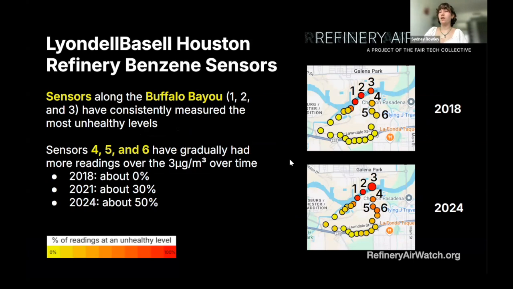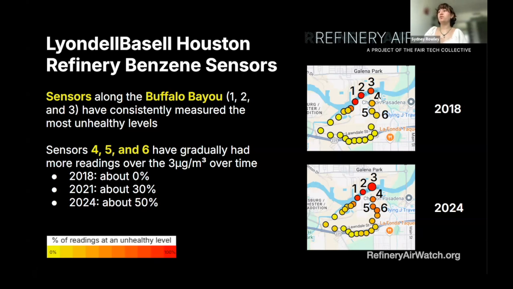But just looking at this sensor map, you can see consistently sensors 1, 2, and 3 along the Buffalo Bayou have measured unhealthy levels. So they're close to that red level of being 100% an unhealthy level. And yeah, that's continued up until 2024 most recently.